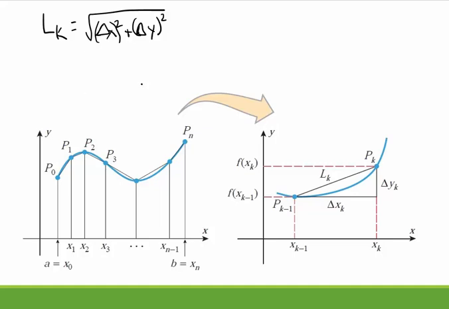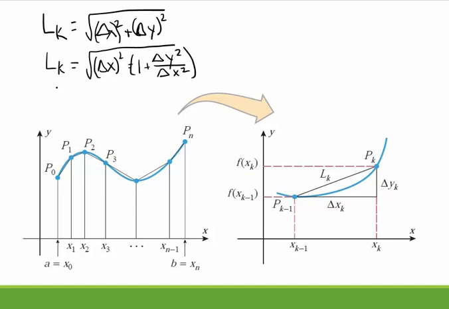Okay, so let's factor out a delta x squared from this. We get 1 plus delta y squared over delta x squared.